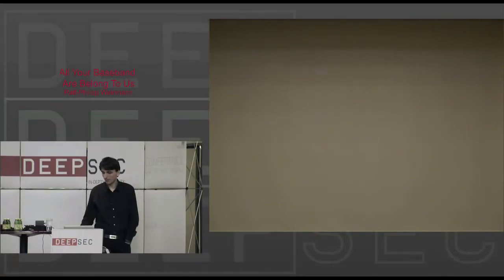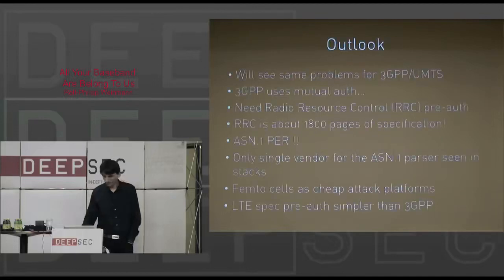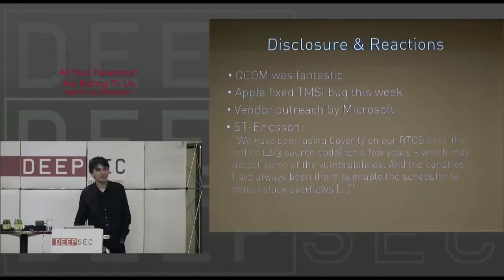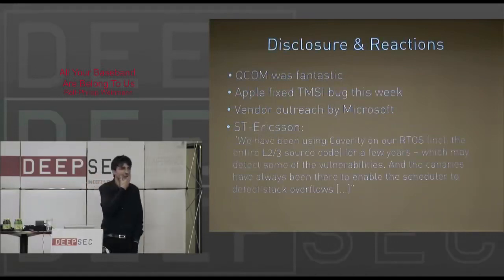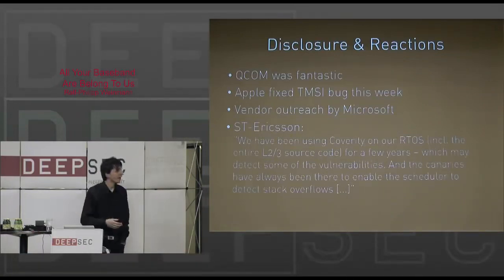So let's talk about disclosure. I had really strong feelings about disclosure initially, but Qualcomm has been fantastic. It was great working together. Apple was a little bit slower, but they fixed this TMSI bug this week as well, and they will get more bugs to fix.